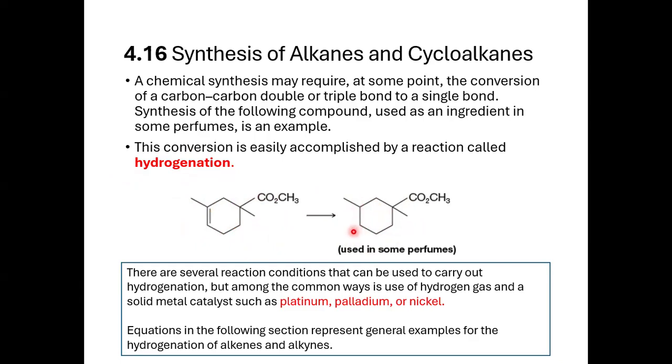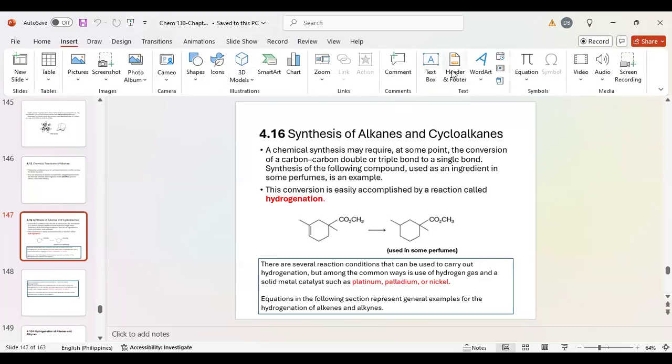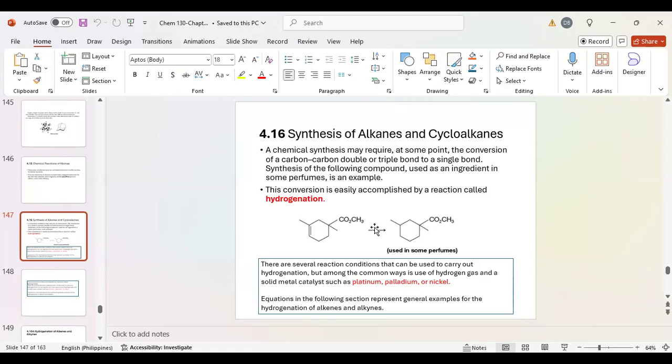But for this reaction to proceed, a catalyst is included. Normally you have platinum, palladium, or nickel. It's actually a metal. So when we write this, you can write your hydrogen gas in the presence of platinum, palladium, or nickel metal.